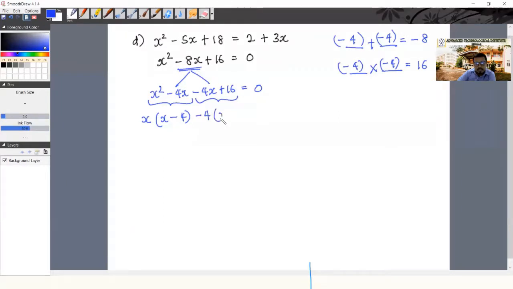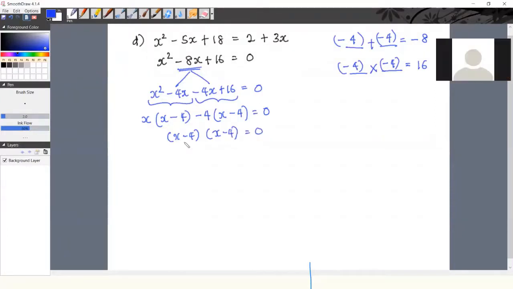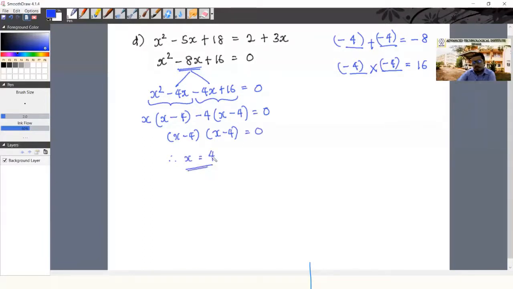Within the brackets, it should be x minus 4 equals 0. Therefore, once we factorize, it should be x minus 4 into x minus 4 equals 0. Therefore, what should be the value of x? x should be equal to 4.